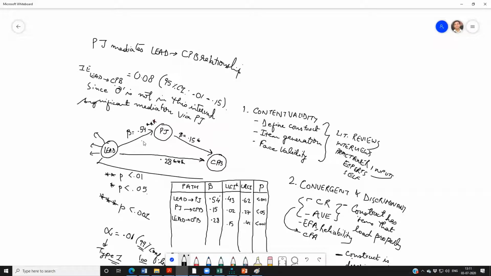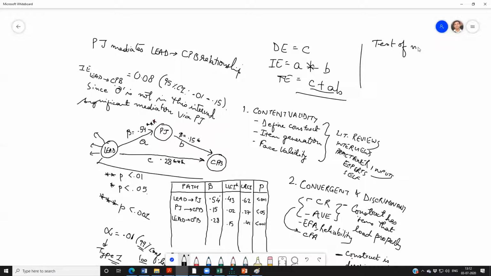This is the test. If this is A, this is B, this is C, then the direct effect is given as C, the indirect effect is given as A multiplied by B, and the total effect is given by C plus A times B. And the test of mediation is H0: A into B is equal to 0, H1: A into B is not equal to 0.